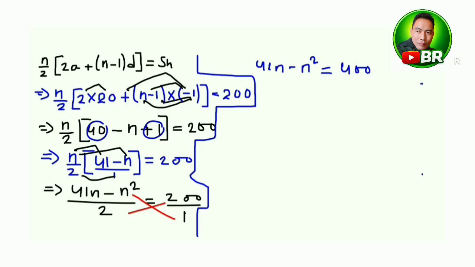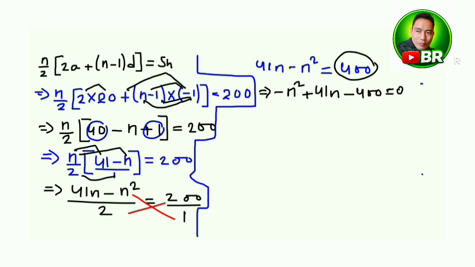Now we can rearrange like this: minus n square plus 41n, and the 400 comes to the LHS and becomes minus 400. Now make it equal to 0.